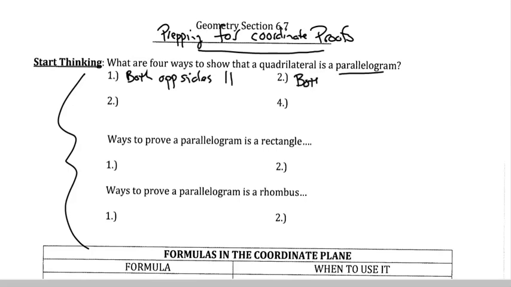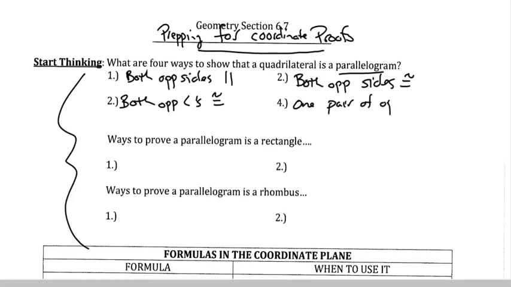Another one was both opposite sides congruent, both opposite angles congruent, one pair of opposite sides parallel and congruent. Number 5 was diagonals bisect one another.